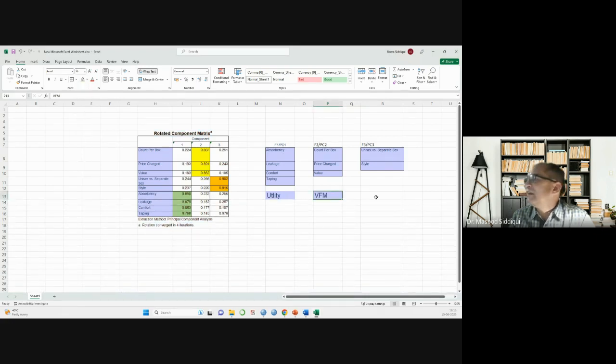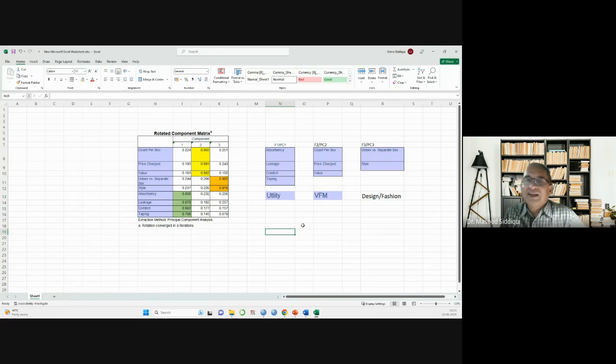In the same way, this part can be written as the design or the fashion part, because they represent the design or the fashion part of the diaper. Obviously, the name will differ by domain, and it requires domain knowledge.